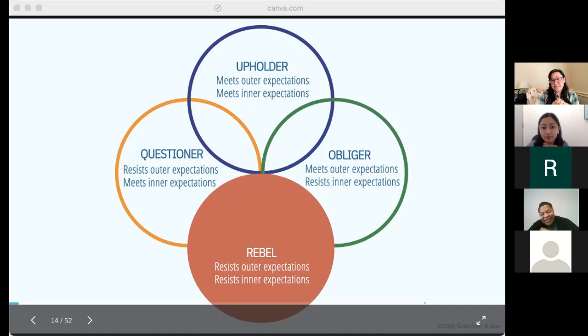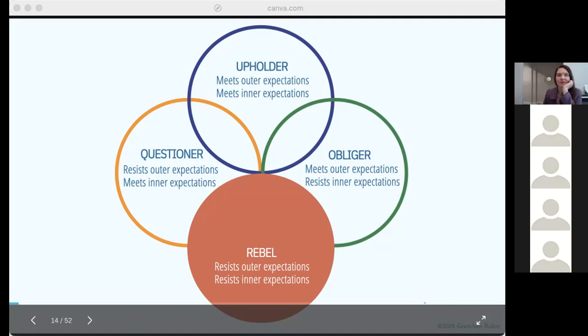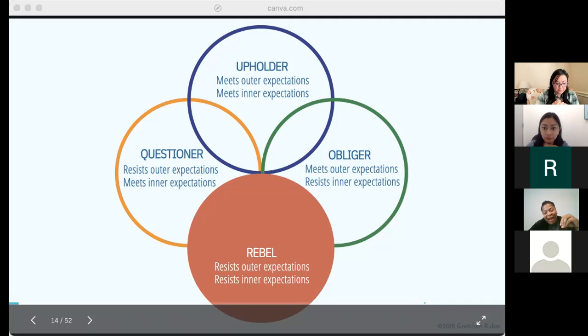So as a questioner, when I find myself going into rebellion, especially in not meeting both the outer and the inner expectations, if I'm not meeting an outer expectation, then I get disappointed, because it's the inner expectation too, as I didn't do something I said I was going to do.